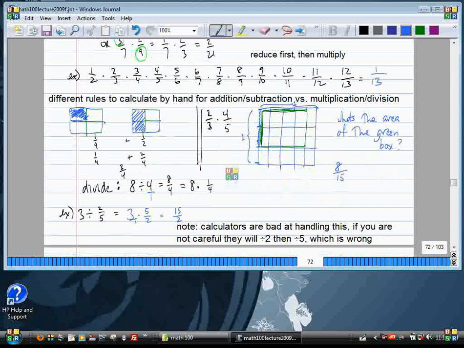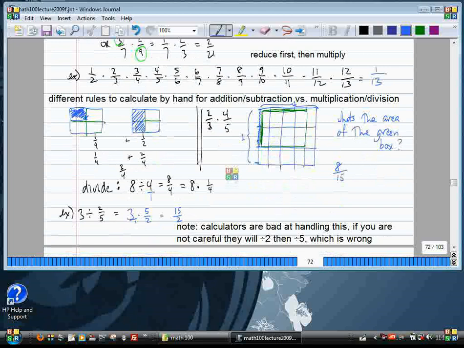But if you do that, you'll get the wrong thing. Calculators are very bad at handling this. If you type it in not carefully, what the calculator will do is 3 divided by 2, and then whatever that is, divided again by 5. And that's not what we want.